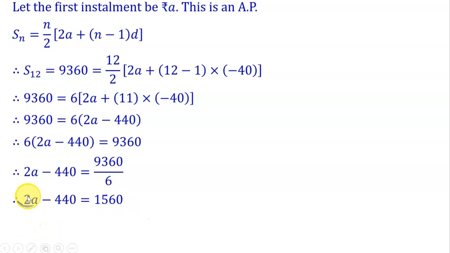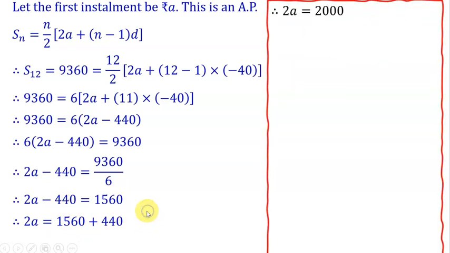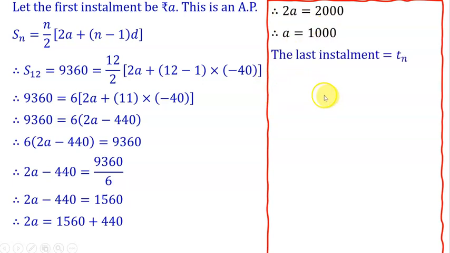Therefore 2a minus 440 is equal to 1,560. Therefore 2a is equal to 1,560 plus 440. Therefore 2a is equal to 2,000 and therefore a is equal to 2,000 upon 2. Then you will get a is equal to 1,000, which is the first installment.